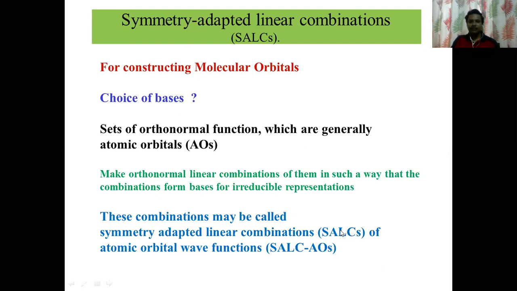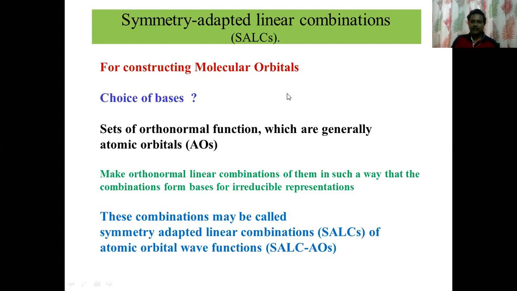Therefore, we call these symmetry adapted linear combinations. Of course, they are coming from the atomic orbitals, so we call them SALC, AO. This we also discussed in the previous session. Now, how do we really do it?